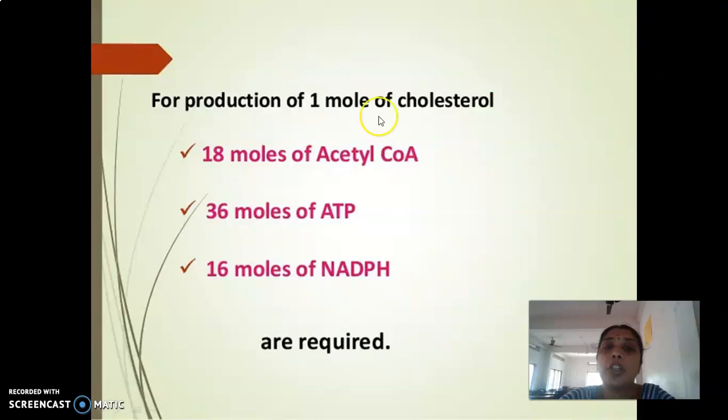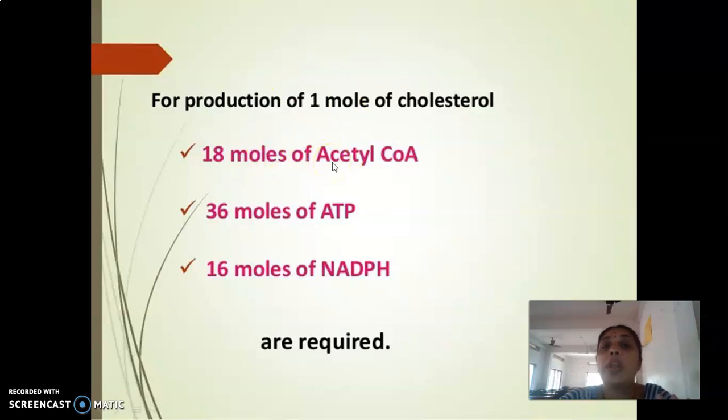Okay, so for production of 1 molecule of cholesterol, we need 18 molecules of acetyl-CoA. It's not moles, that is wrong. You should never write mole. It is molecule. Actually the slide contains moles, but I cannot correct it because it's already stored, so I cannot do any manipulations over it.